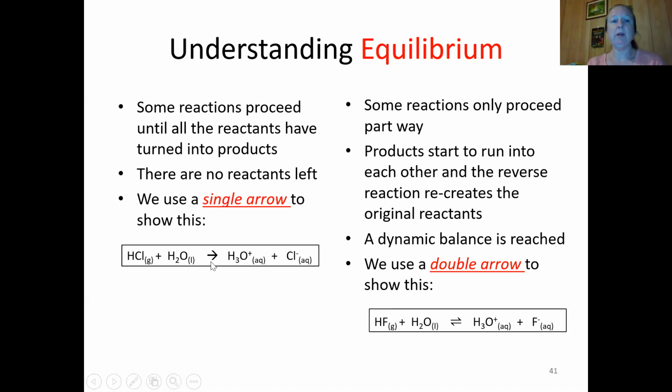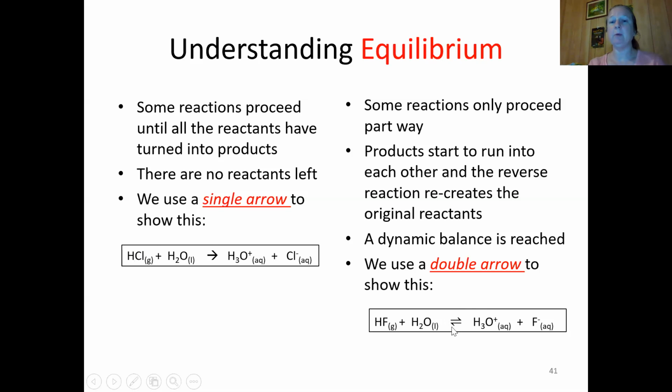So if you see a single arrow reaction, you know that at the end of the reaction, there's nothing left on the left side. And obviously, we're going to have water, but of the core reactant, the acid, it's all product. If you see a double arrow, you have some of each.